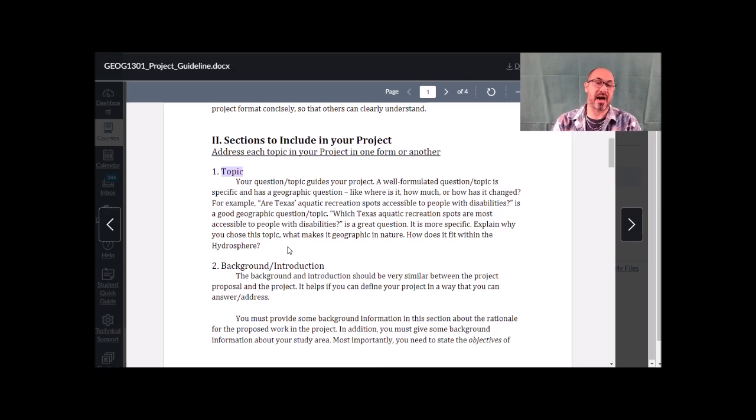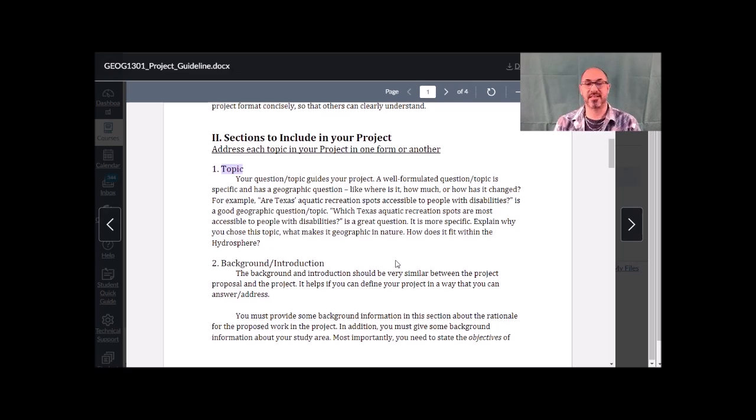So you'll take this topic and expand it out and talk a little bit about why this topic is geographic and how it relates to the hydrosphere. Okay? Make your case of why this is a valid research project that follows along the guidelines that I presented to you in the project proposal.